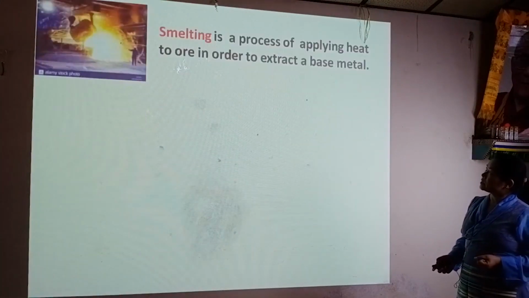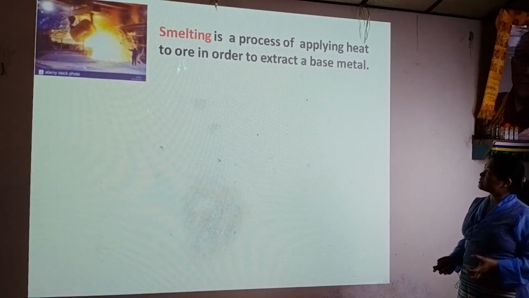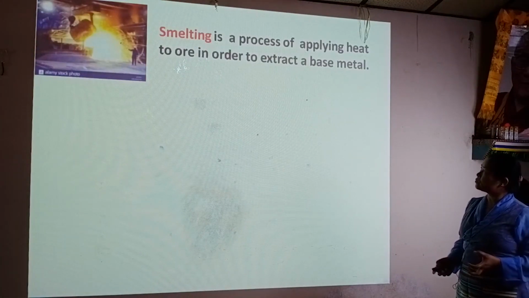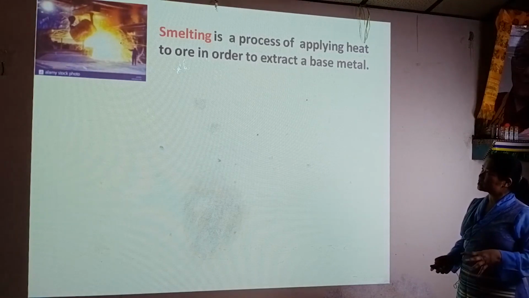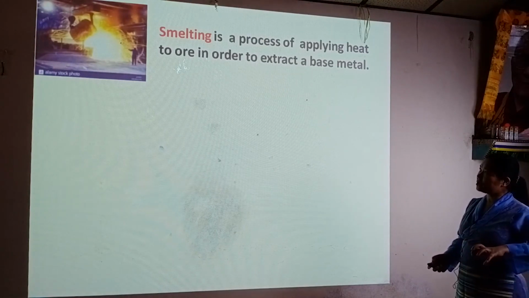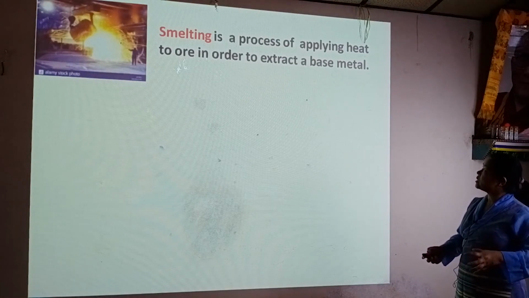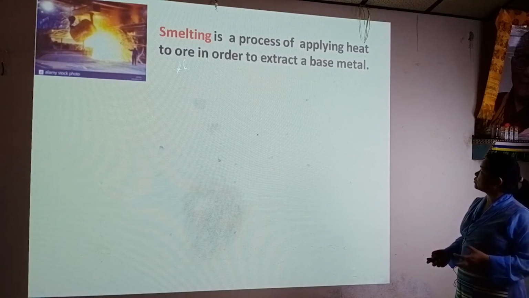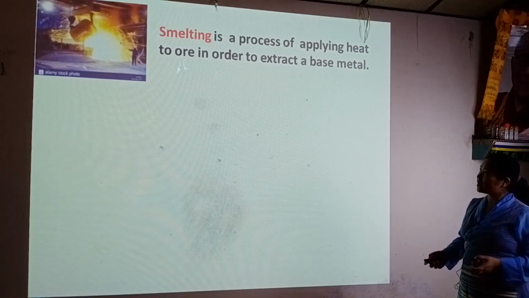Smelting is a process of applying heat to the ore in order to extract a base metal, and a smelter is that machine. It's like a furnace in which heat is applied in order to extract the base metal.